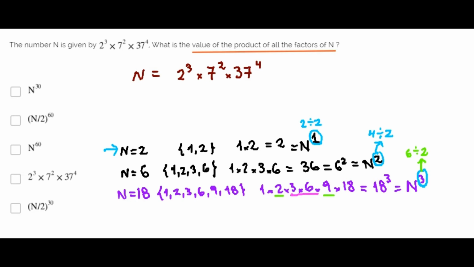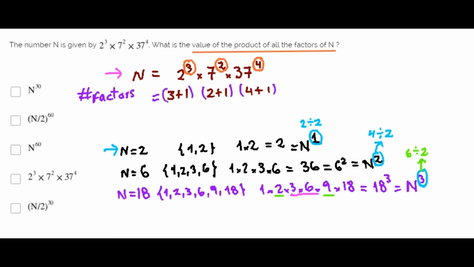So, since we have the prime factorization of n, we can find the number of factors of n by the following formula. The number of factors is equal to, first we will add 1 unit to each of the exponents. 3 plus 1, 2 plus 1, and 4 plus 1.